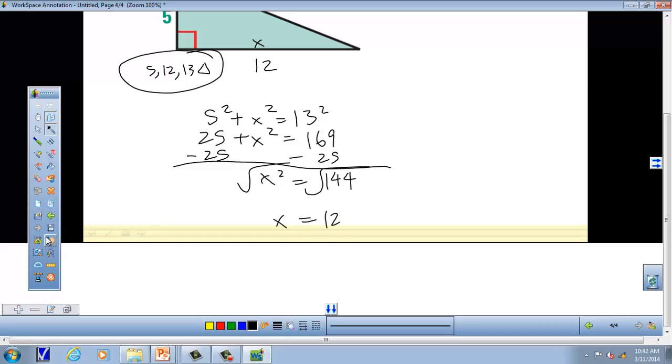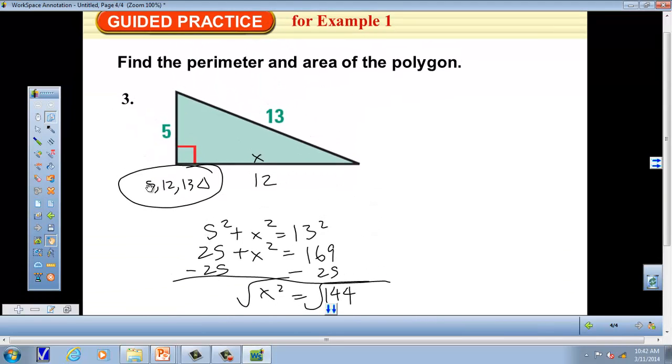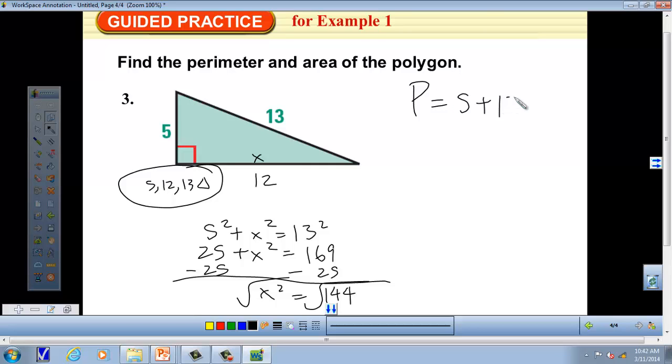Once we've done that, then we can find our perimeter. Again, just adding all three sides in this case, so it's 5 plus 12 plus 13, and that gets me 25 there, so altogether 30 units.